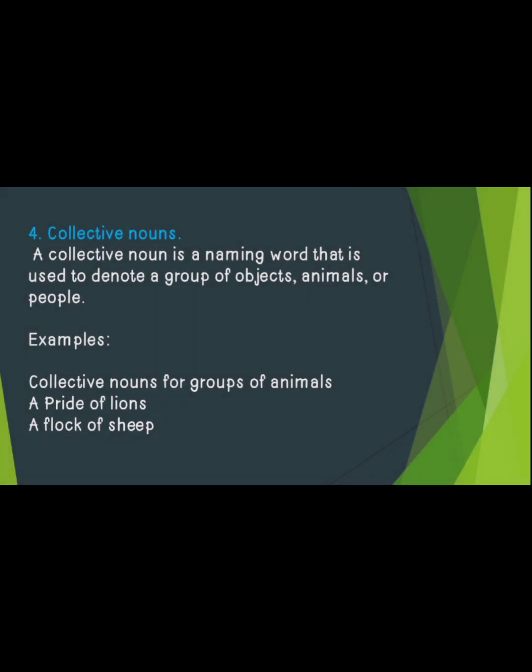Okay, on to the fourth category, collective nouns. They denote a group of objects, things, people. For example, a pride of lions, a flock of sheep, a herd of cattle, a fleet of ships, a bouquet of flowers. All those ones are called the collective nouns.